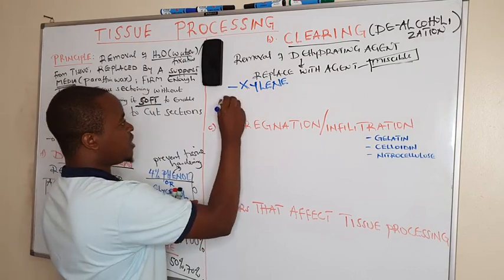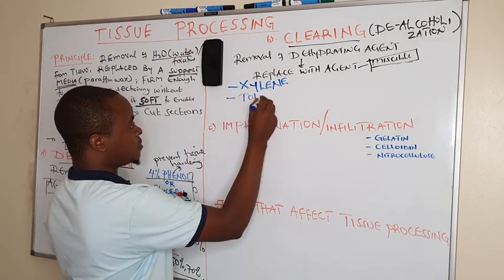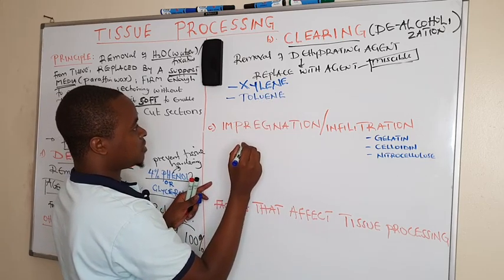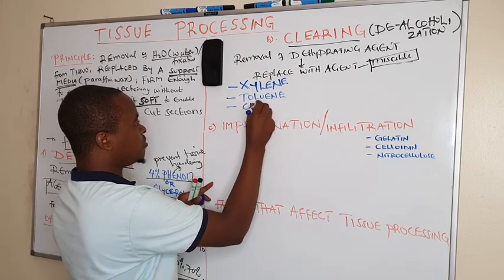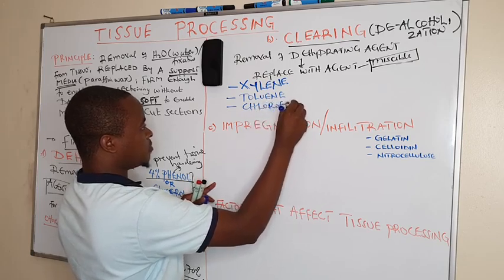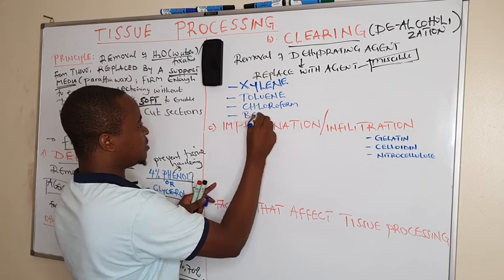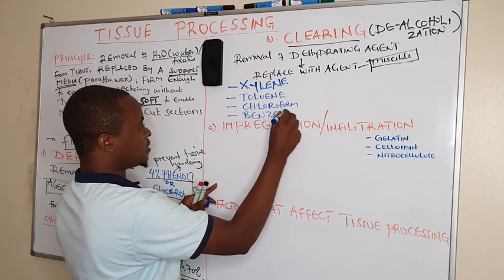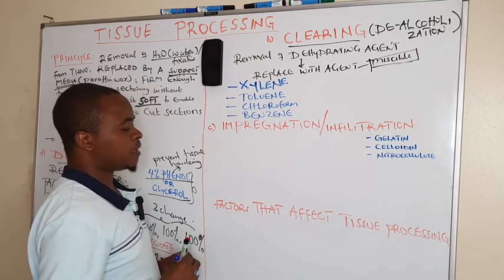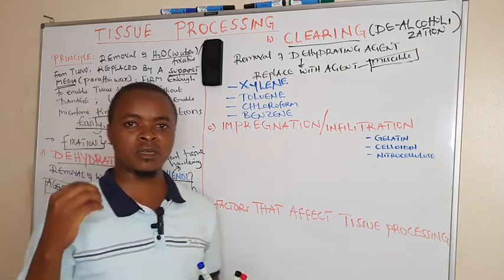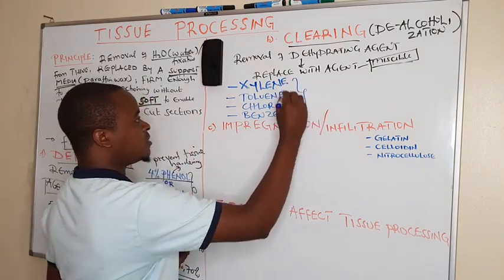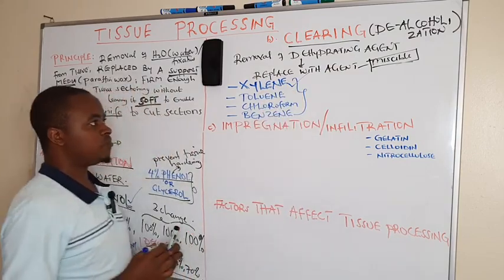Another one we can use is toluene. Then we can also use chloroform. Sometimes we can use benzene, though it is very volatile and flammable. And sometimes carbon tetrachloride. So these are some of the clearing agents used, the most commonly used being xylene.